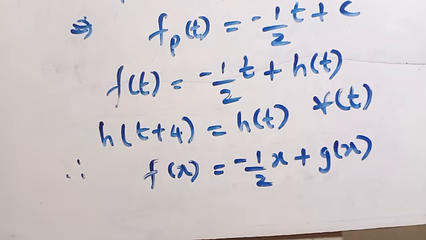And g of x is also a periodic function with period 4. That is, g of x plus 4 equals g of x, and g can take any values. It is real, and it can also be complex. So the domain here will be the real numbers and the codomain will be the complex numbers.